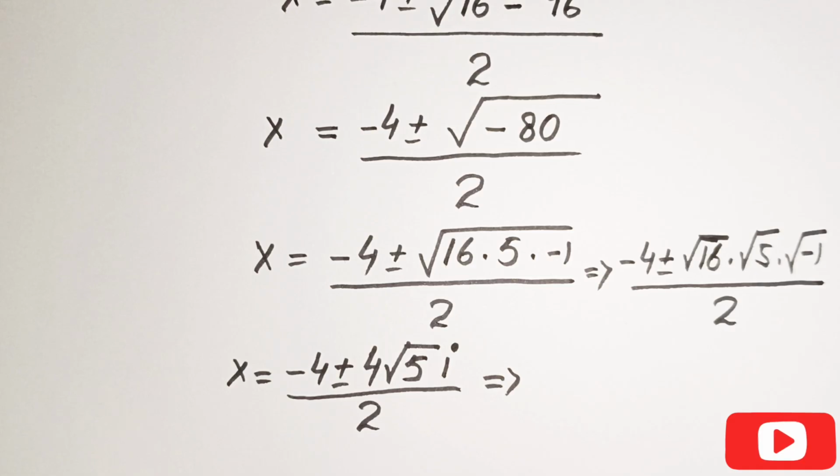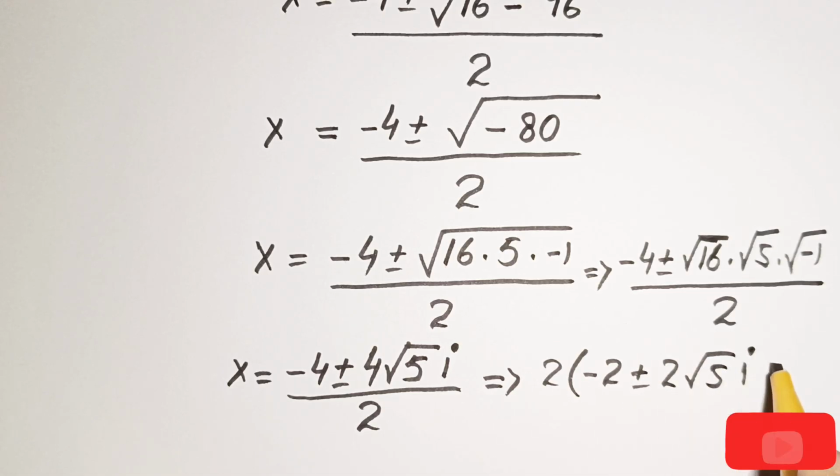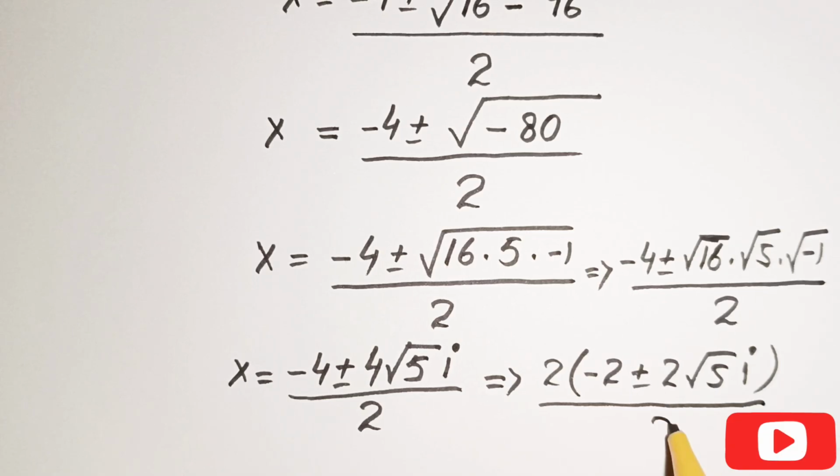So our next step is, if we take 2 common, we have minus 2 plus minus 2 times square root of 5 i, all over 2.